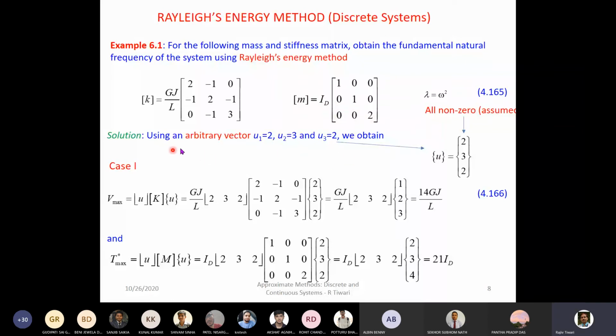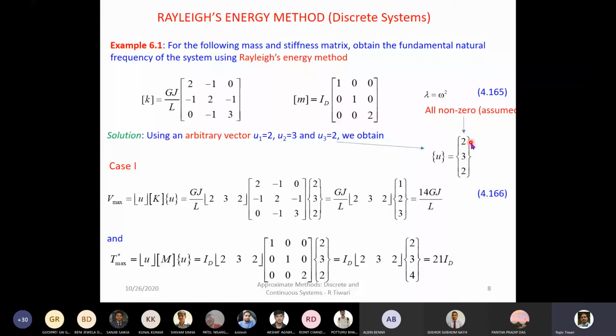So here we have chosen some arbitrary vector, let us say u1, u2, u3. We have chosen it non-zero, as we have done previously also using the Rayleigh quotient. So we have chosen some arbitrary vector 2, 3, 2.